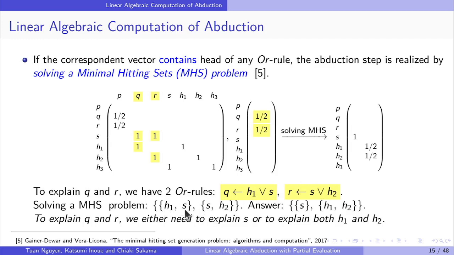We obtain S, which hits the 2 sets here, or S1, S2. This set also hits the 2 sets here. So we say that to explain Q and R, we either need to explain S or to explain both S1 and S2.